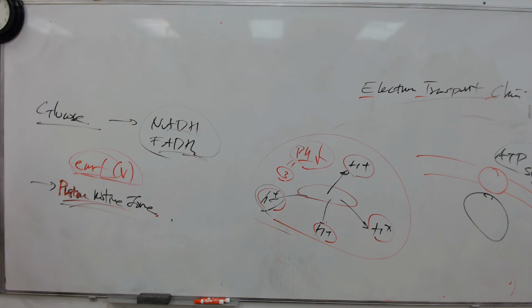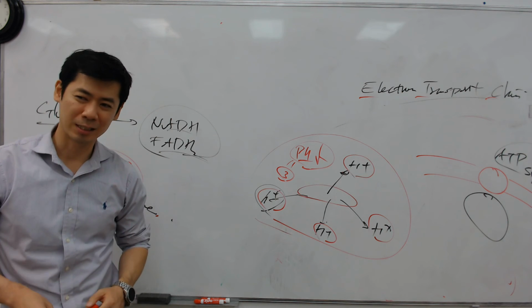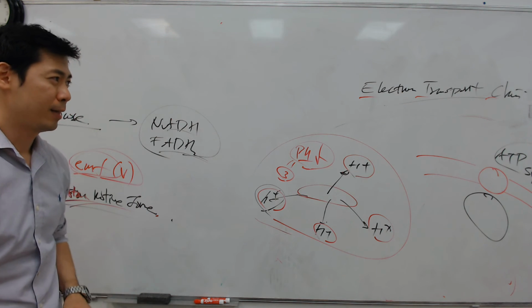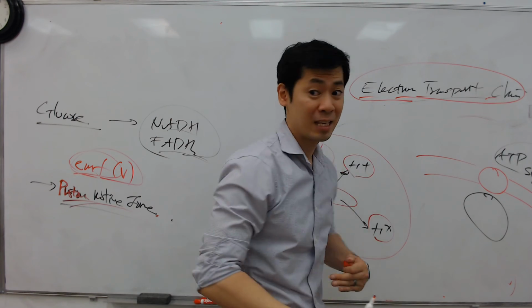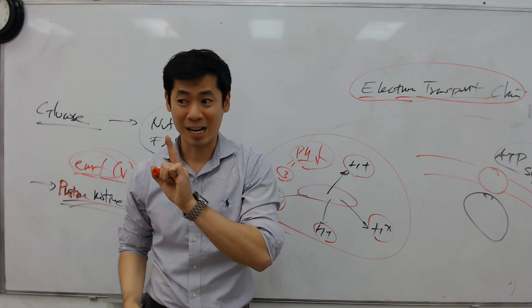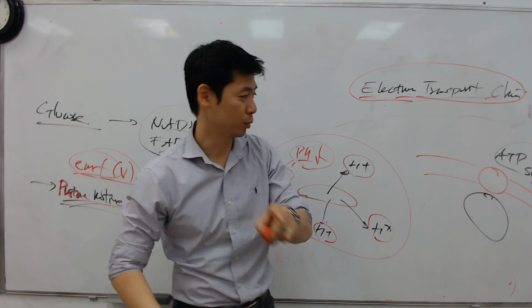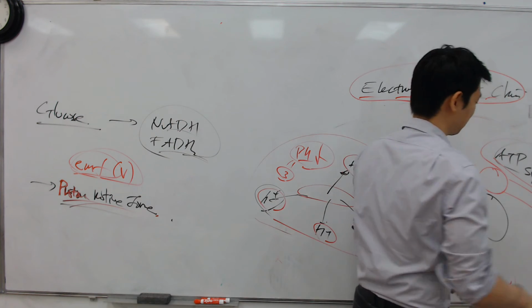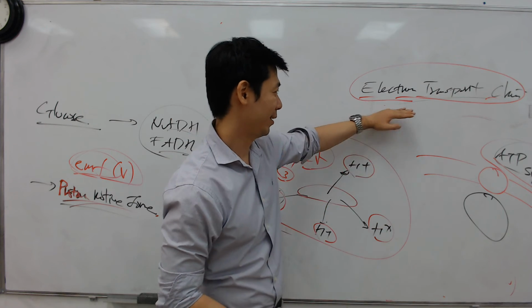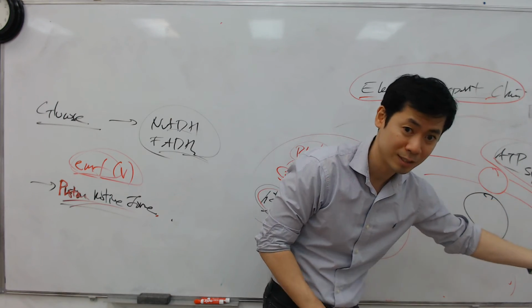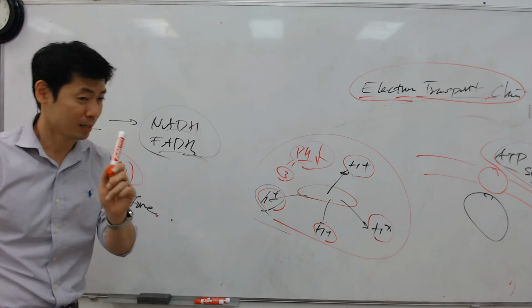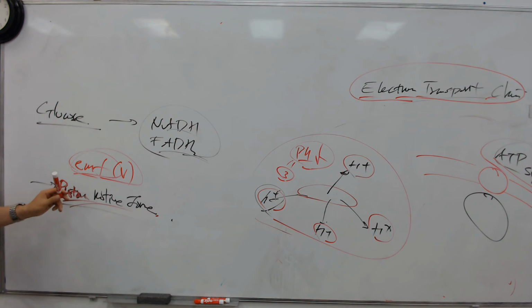So why do I keep saying I don't like this, guys? Because this is how they say it: the electron transport chain is coupled with ATP synthesis. So this and this are coupled by the concentration gradient of H plus, which is the proton motive force.